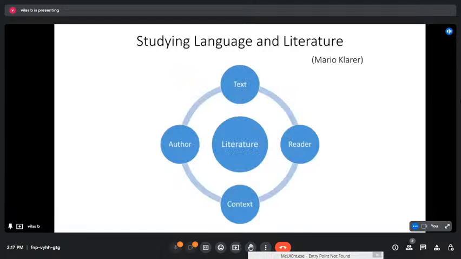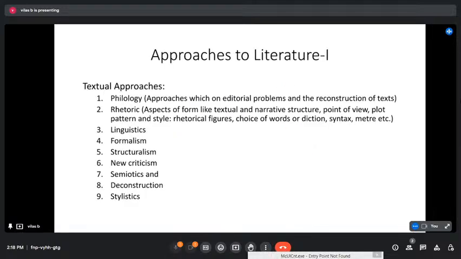And yesterday I already mentioned the book, Mario Klarer's book, in the references. Any literary form, maybe poetry, drama, short story, a novel, an essay, has four major approaches.